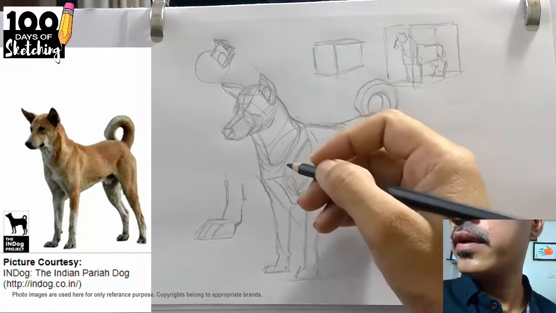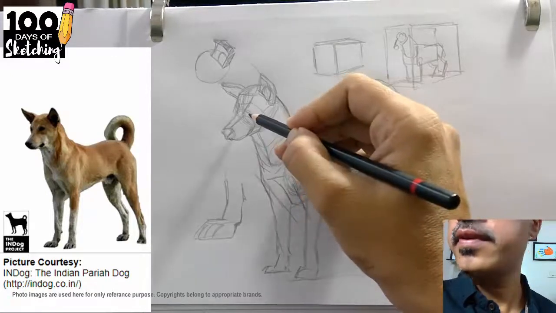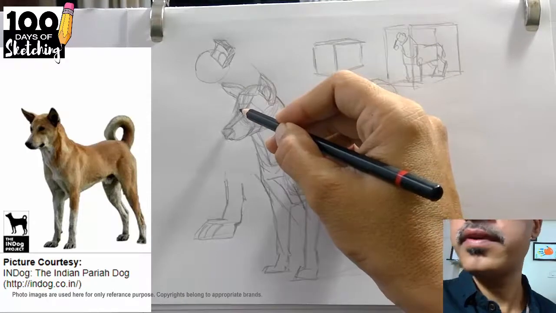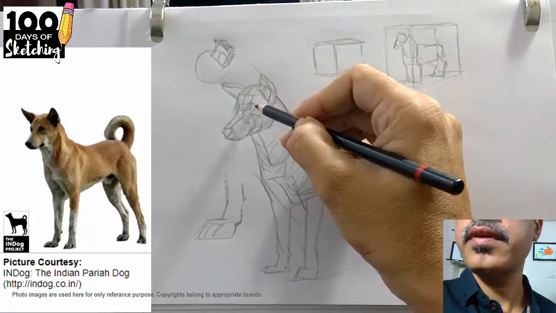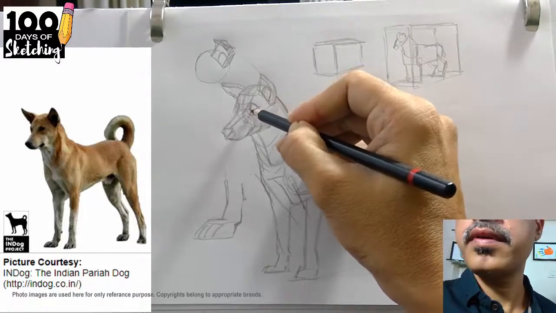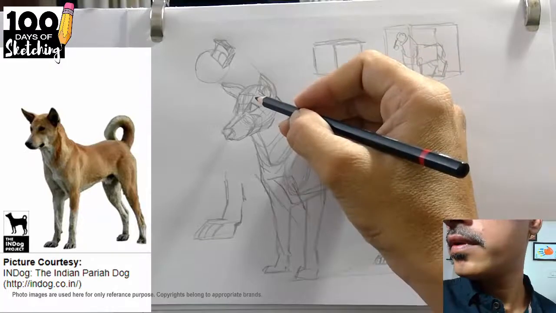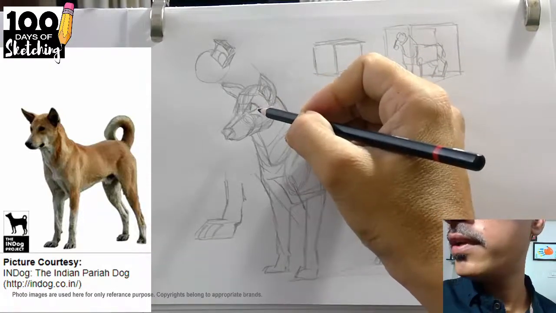And come to the eyes portion. Wow, that's something I'm newly learning here.